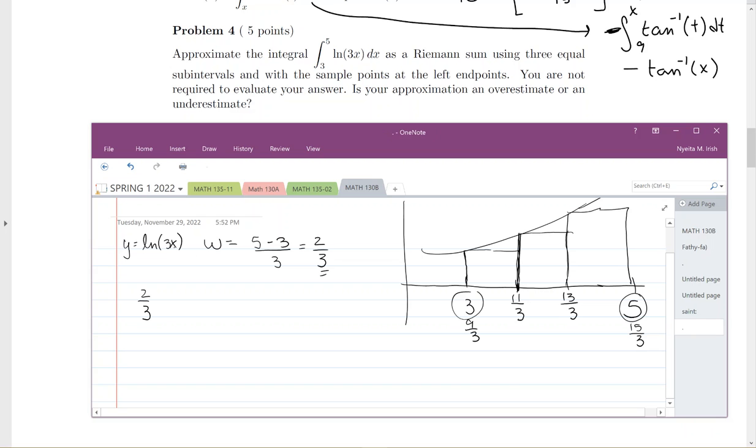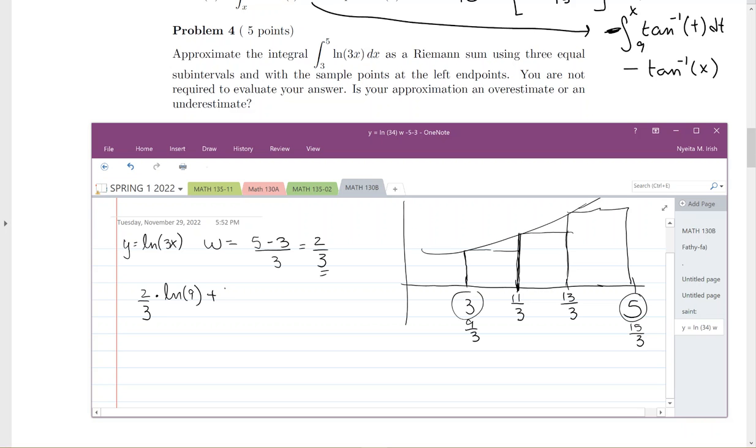So if I plug in a 3, that tells me how high up the y value is: 2/3 times natural log of 9. And it's saying you don't have to evaluate your answer, you're just plugging in numbers. So cool. Then we go to the next rectangle.